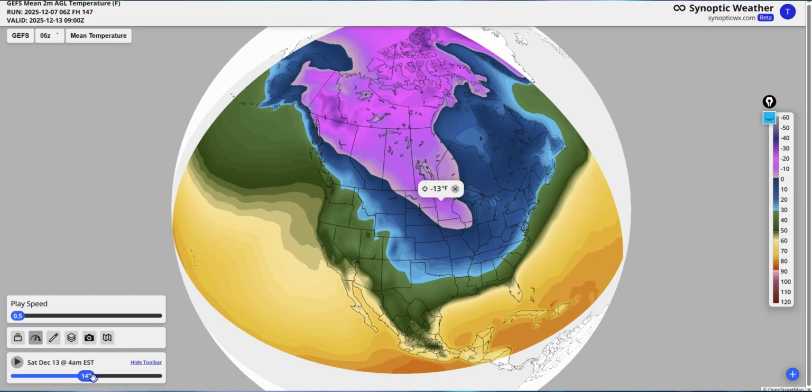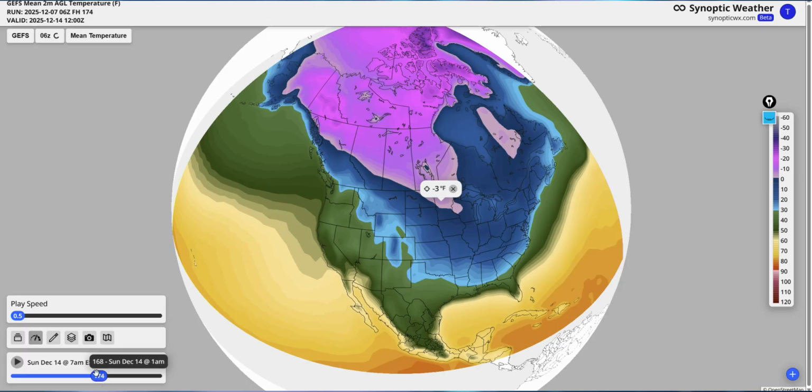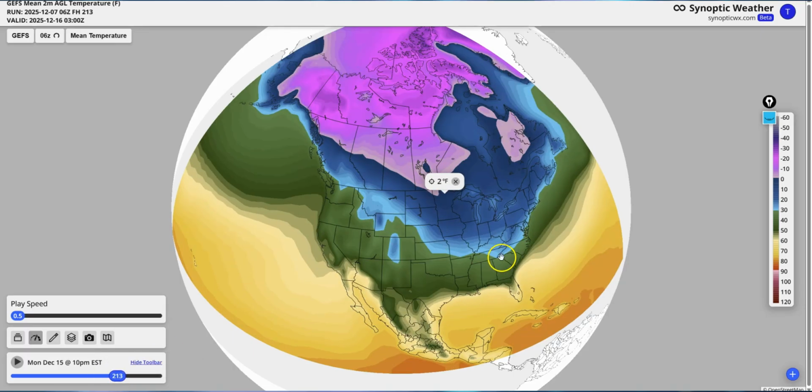we go through the period here. And this is just the GFS ensembles, right? Mean temperature. So actual air temps in different locations would likely be less, like 7 a.m. for the south, very cold, right?